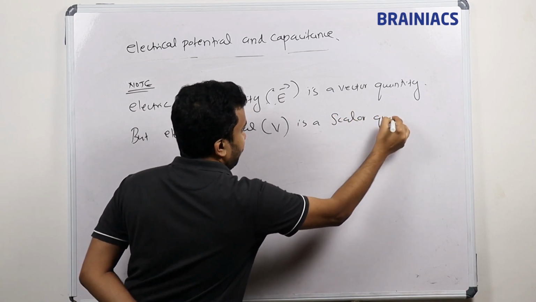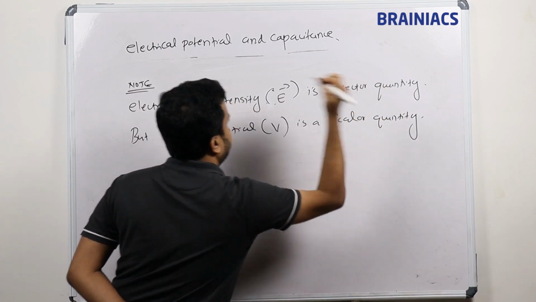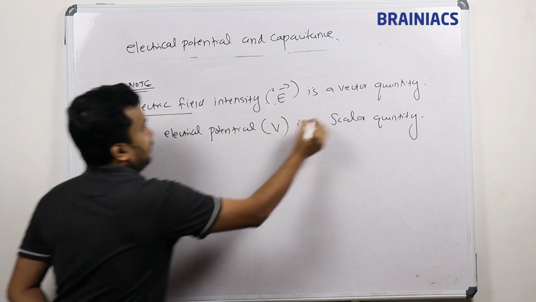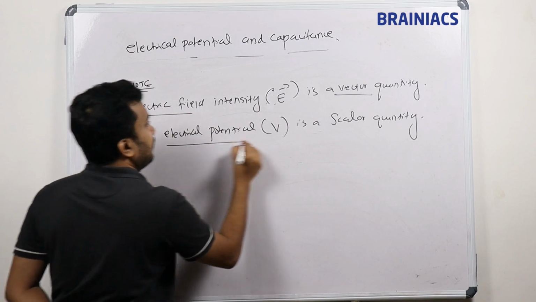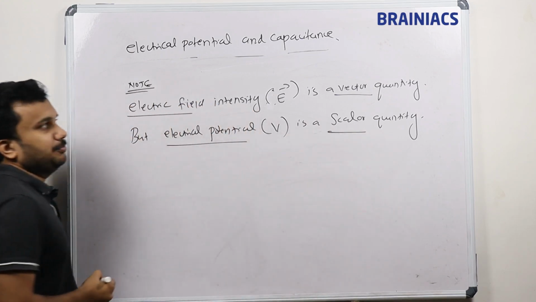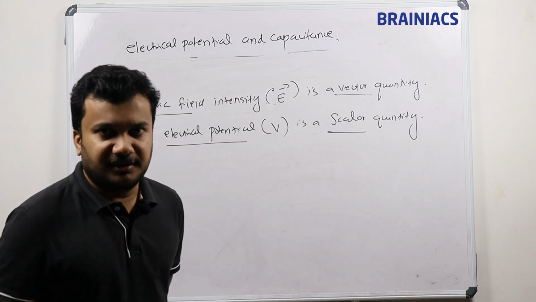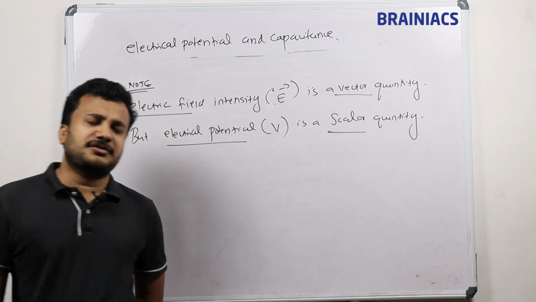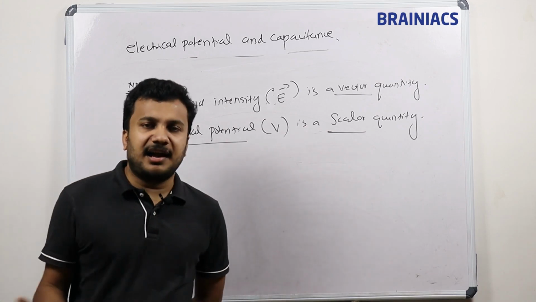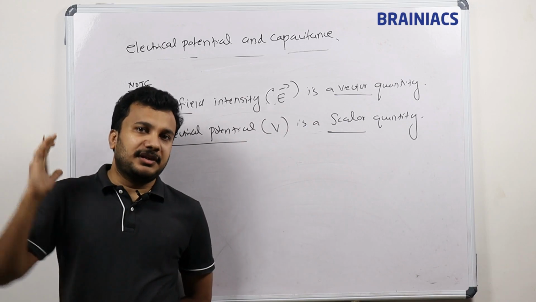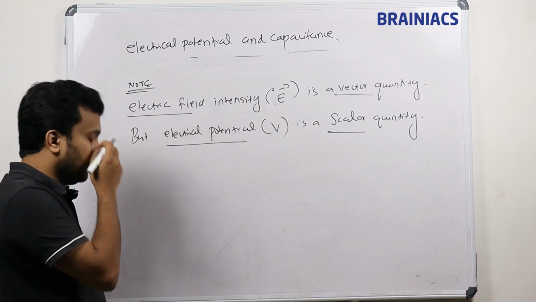Which means if I have multiple electrical potentials, I don't need to bother about the directions. I can just add the numbers without bothering about directional parameters. That is the beauty of electrical potentials.